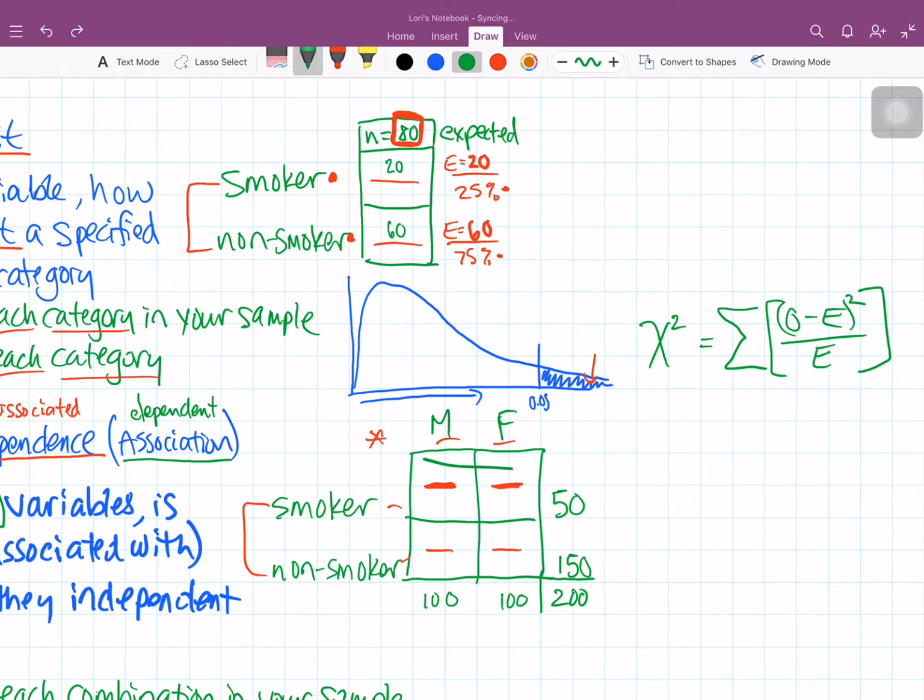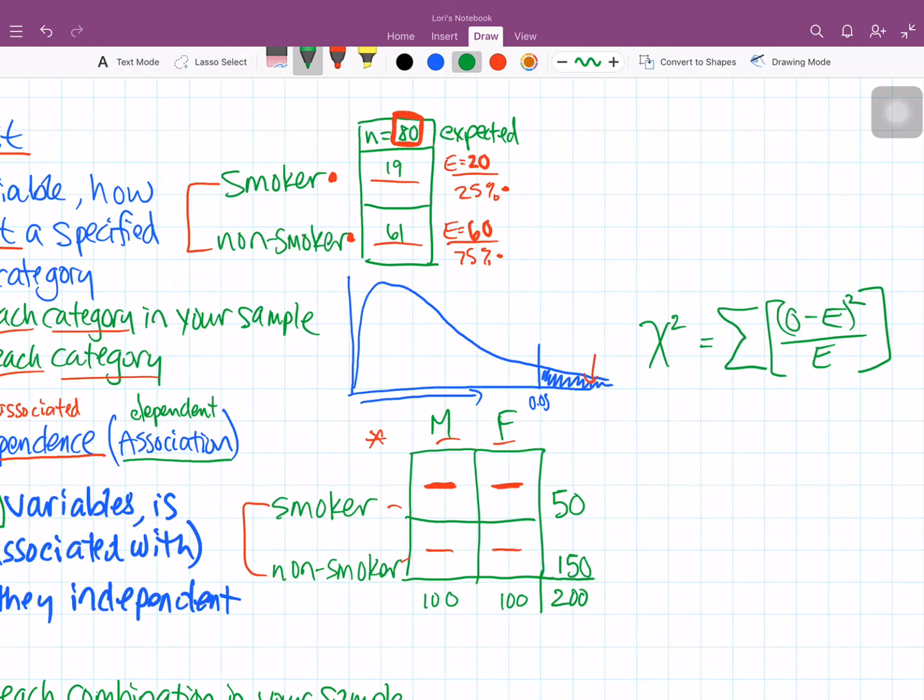But then here's the catch. What if we only had, say, 19 smokers and we had 61 non-smokers? Would you say that's extremely different? That totally surprises me. It really is a shock. I can't believe that we got 19. That's really outside of what I would expect at all.